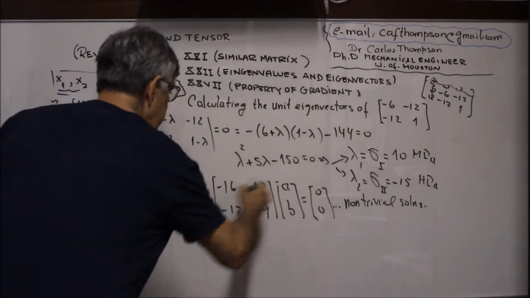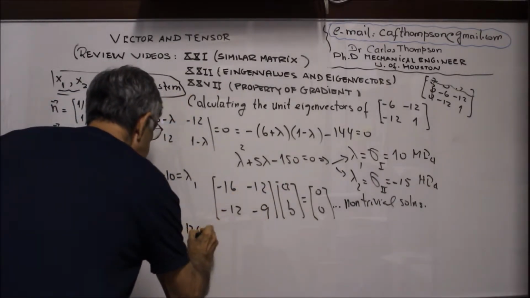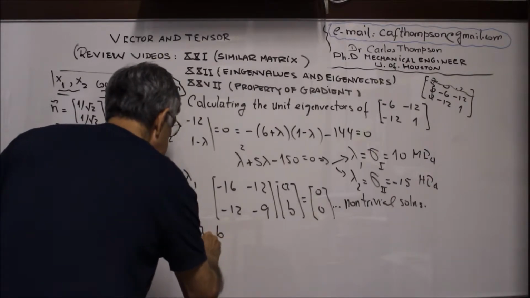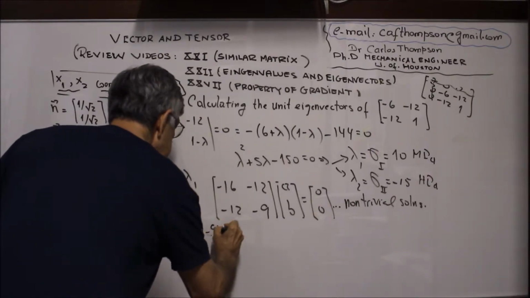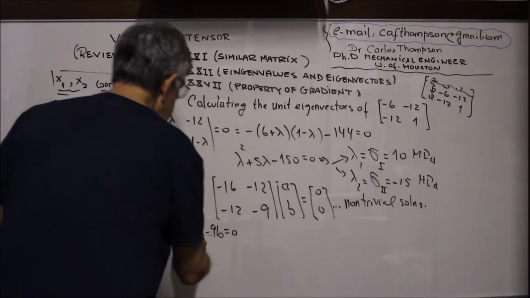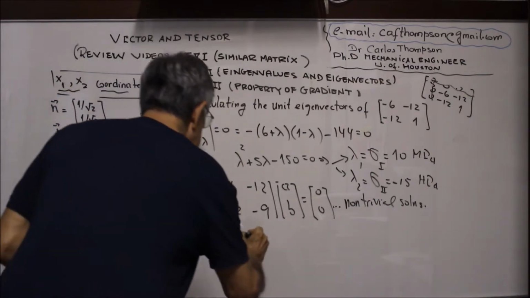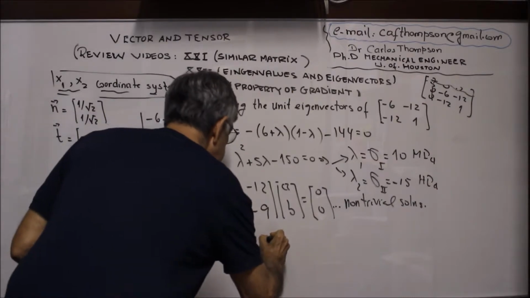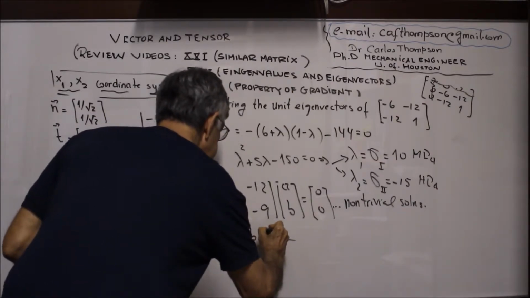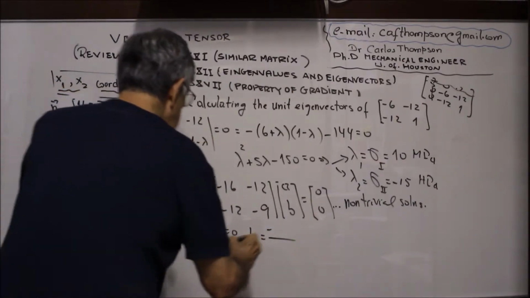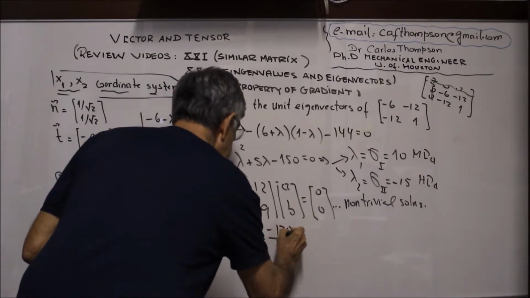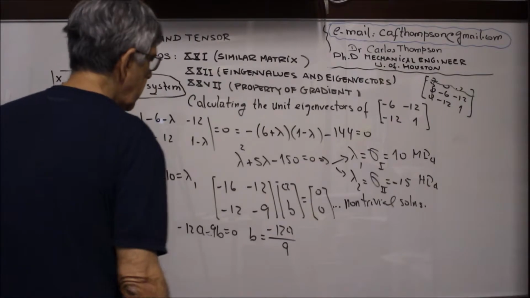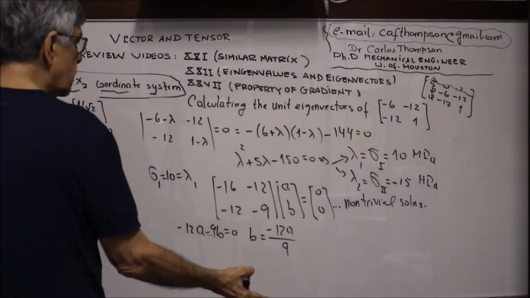Okay? Let's take one of these equations. So let's put here minus 12a minus 9b is equal to 0. So 9b is equal to minus 12a divided by 9. Let's put a equal to 1.